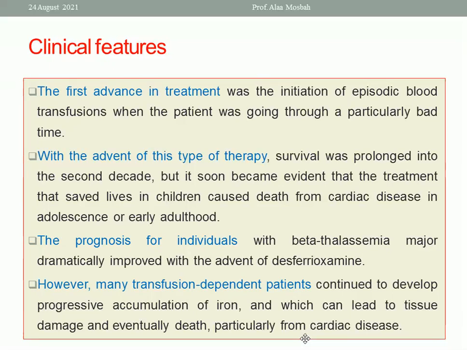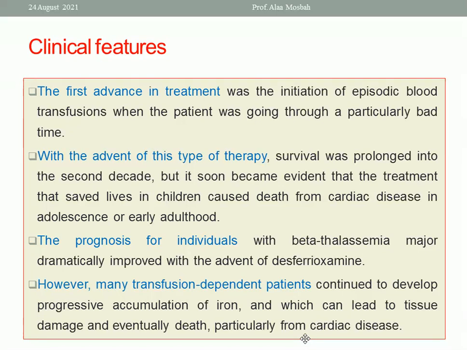The prognosis for individuals with beta thalassemia major dramatically improved with the advent of desferrioxamine. Desferrioxamine, when developed, is a chelating agent, removing the excess iron load in circulation which deposits in organs. This is another advantage of the new lines of treatment in the previous years, and they save life.